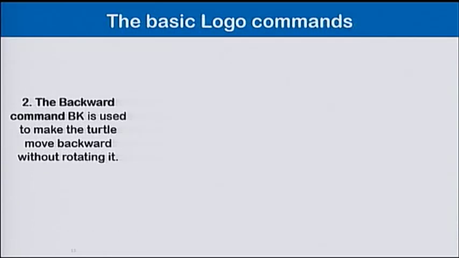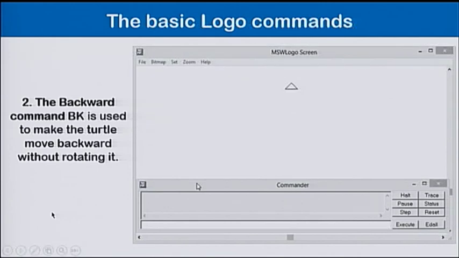The backward command. The BK command is used to make the turtle move backward without rotating it. The BK command is also followed by a value. I will show you how it works by using different examples.